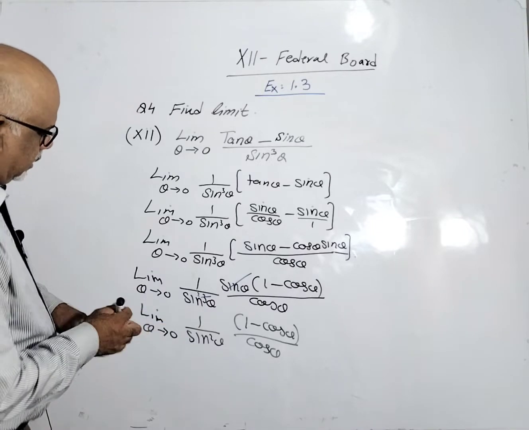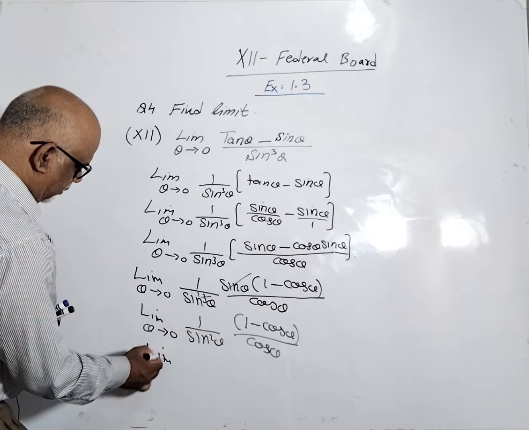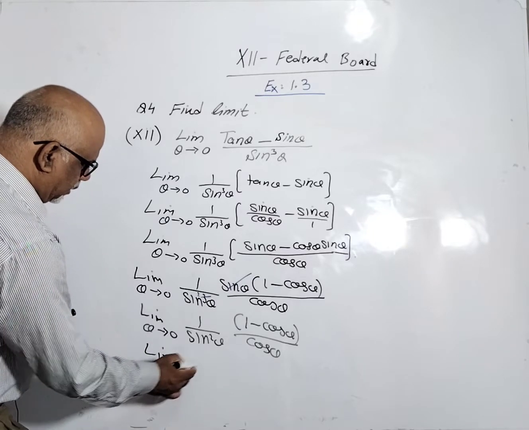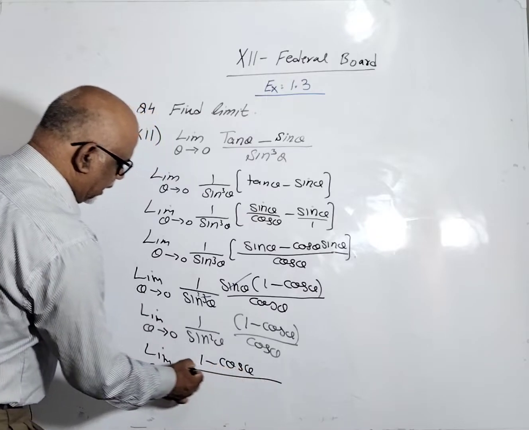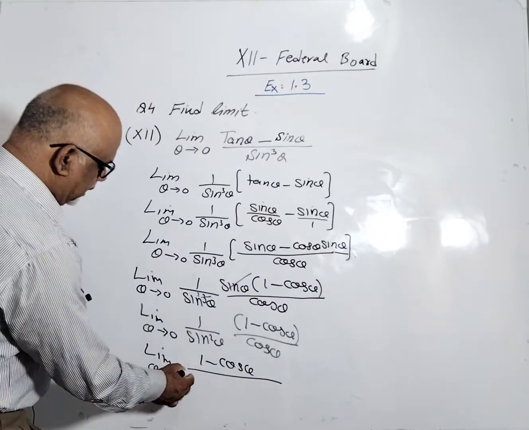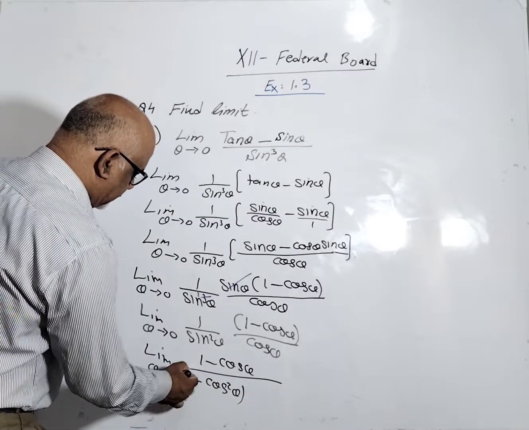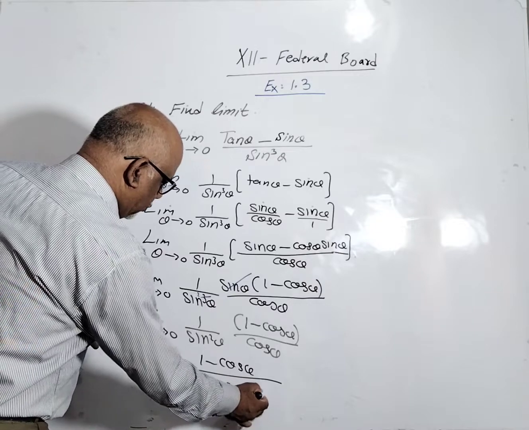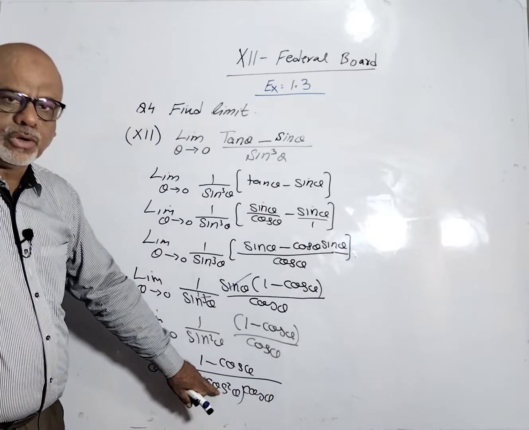Now we can write in one bracket: this is 1 minus cos theta remains the same, and this is sin square theta. Sin square theta equals 1 minus cos square theta, into cos theta.